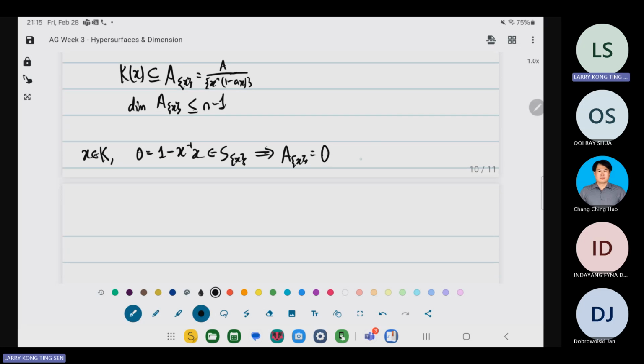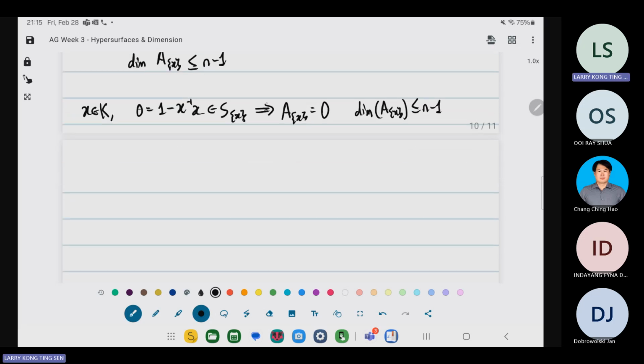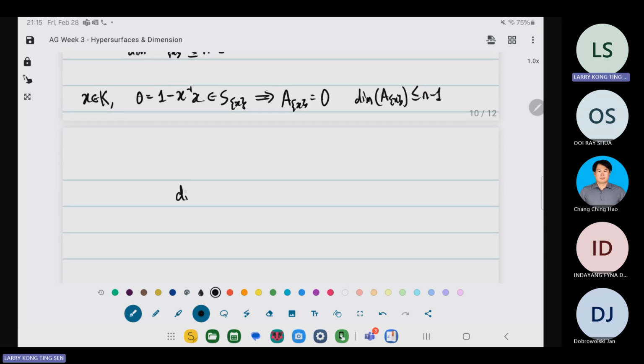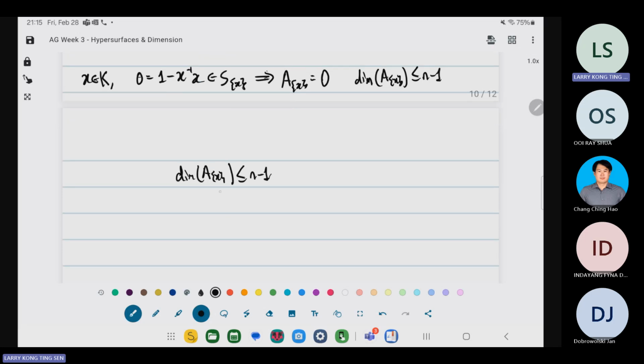And so the dimension is also, in particular, less than n minus 1. So in either case, what we have is that the dimension of this is less than or equal to n minus 1. But of course, based on the equivalence we're given, this just means the dimension is less than or equal to n.